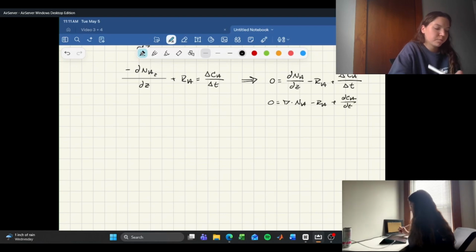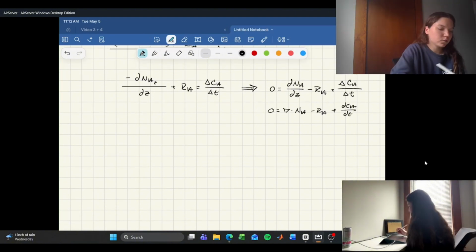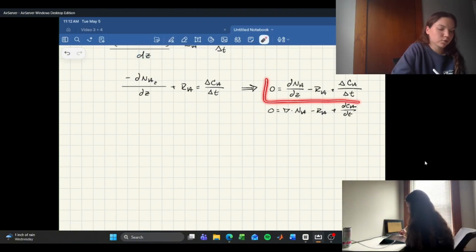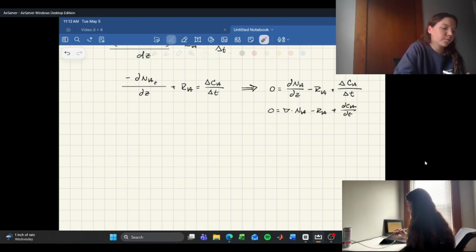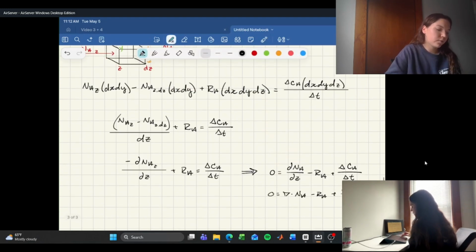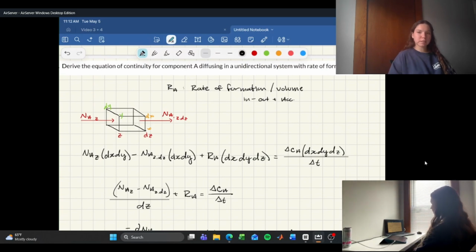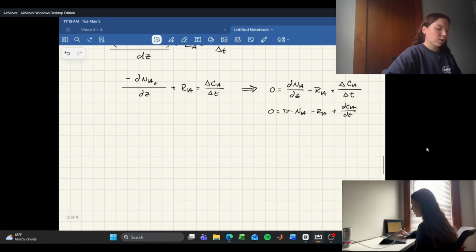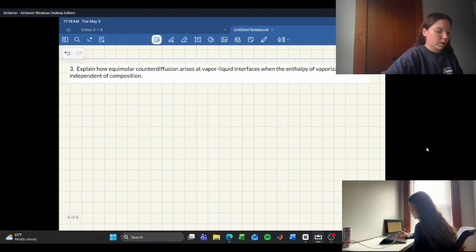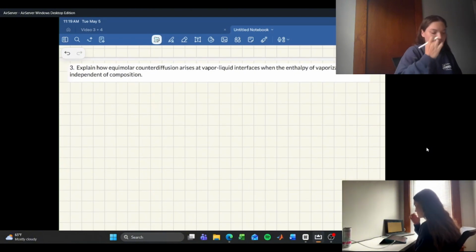Those are the same. So that's our final continuity equation. And that's how you derive a continuity equation for component A diffusing through a unidirectional system with a rate of formation. Okay, so now we're going to move on and talk about equimolar counterdiffusion.